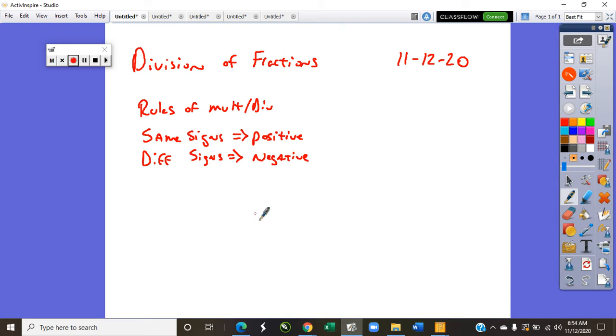Let's say I have a fraction like this: negative 2/3 divided by, say, 7/8. Just like when we did subtraction of integers, we copy and opposite. It's kind of the same sort of procedure, except with division, it's different. Does anybody remember what that is? I know that you've learned this before.